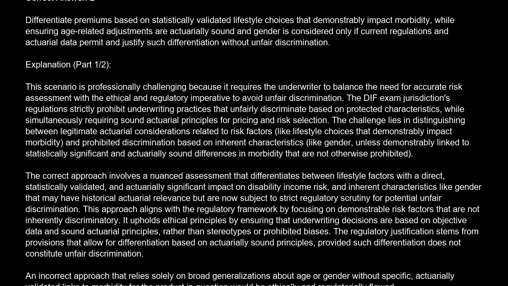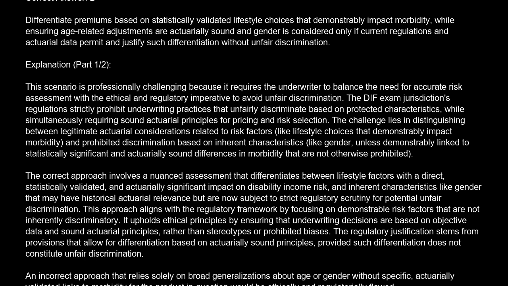The correct answer is B. Differentiate premiums based on statistically validated lifestyle choices that demonstrably impact morbidity, while ensuring age-related adjustments are actuarially sound, and gender is considered only if current regulations and actuarial data permit and justify such differentiation without unfair discrimination. Explanation.